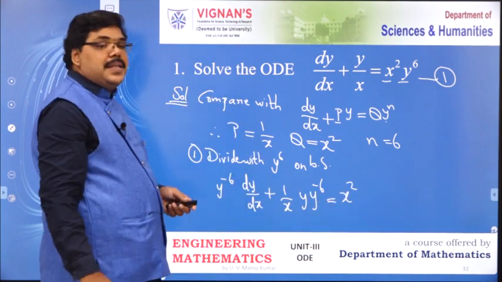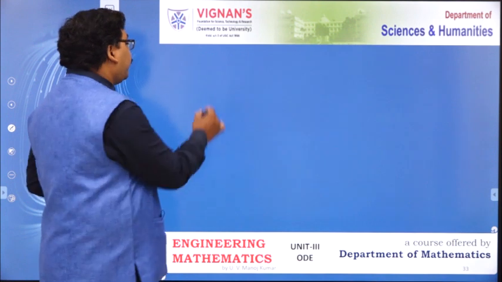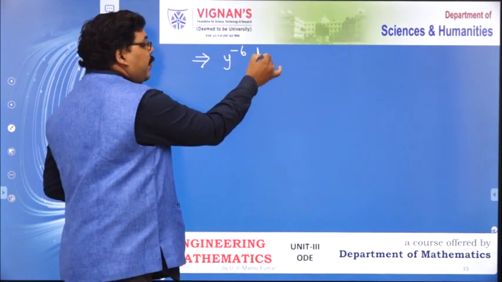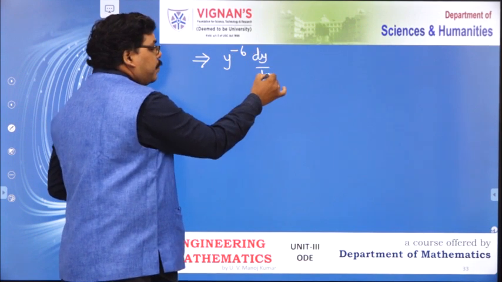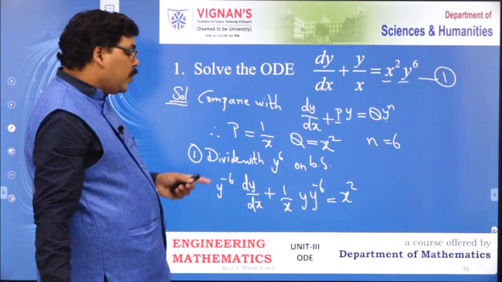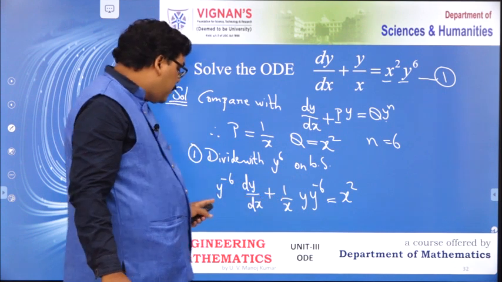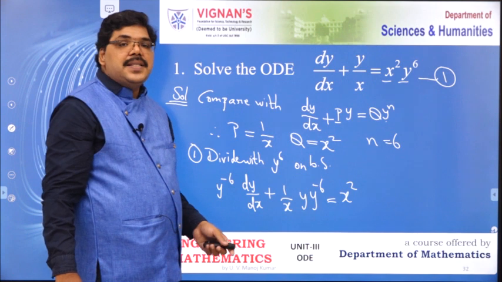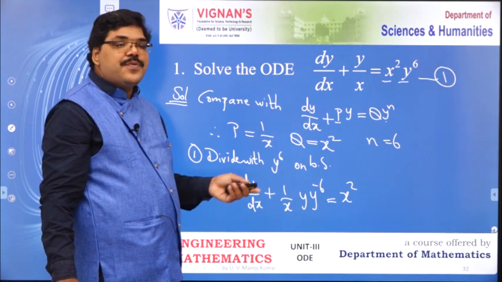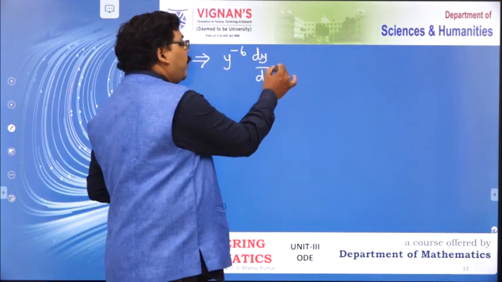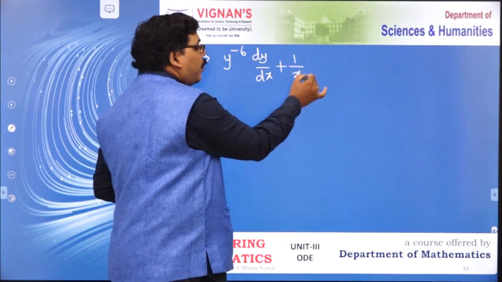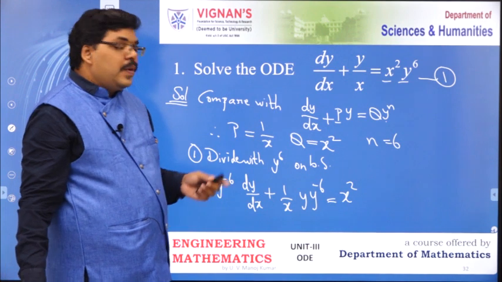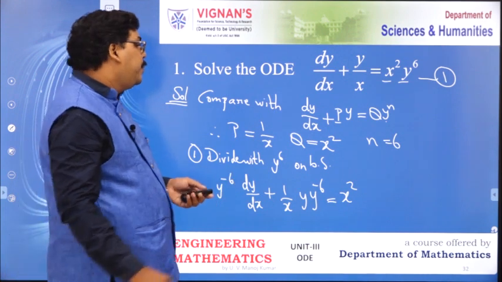If you simplify this, y power minus 6 into dy by dx plus 1 by x into y power minus 5 equals x square.